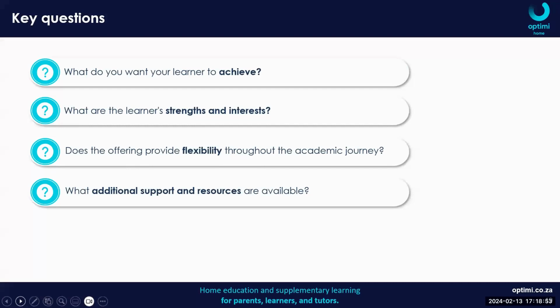So our learning delivery team always advise parents to first consider what is it that you would like to achieve with your learner, or what is it that your learner can achieve. That would be your starting point. And this refers a bit back to what I started off with saying, where some learners only will complete an individual subject, for example, where the outcome is not necessarily a matric certificate or even a grade 9 school leaver certificate.